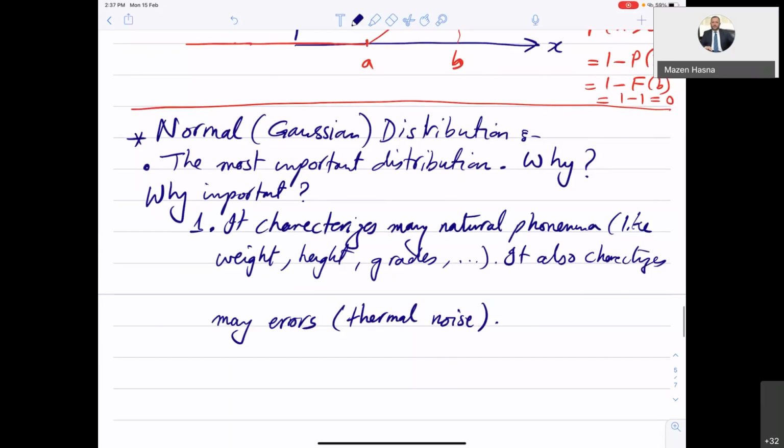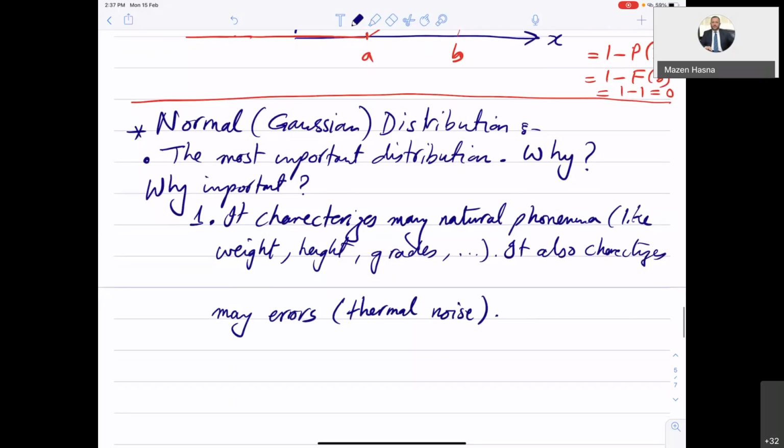What's the second reason? The second reason is a very interesting thing. It has to do with a theorem called the central limit theorem. We'll talk about it later in a future chapter. But the central limit theorem very simply says that if you add a large number of different random variables, the result of the summation will be a normal distribution.